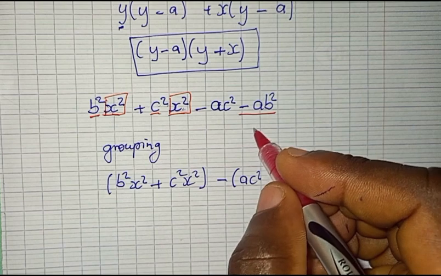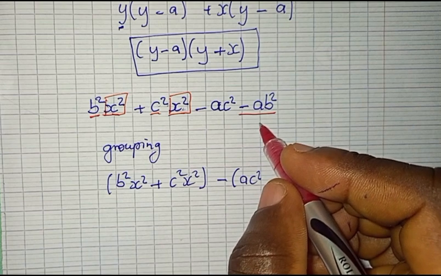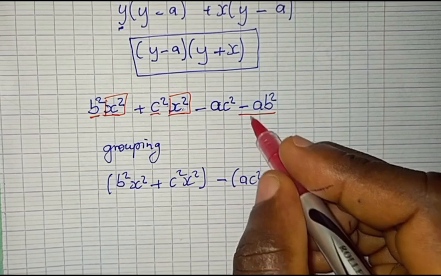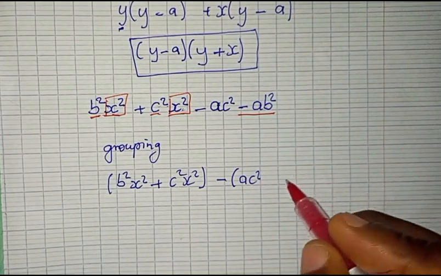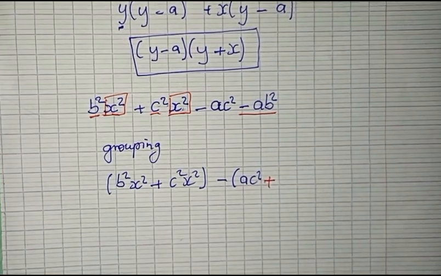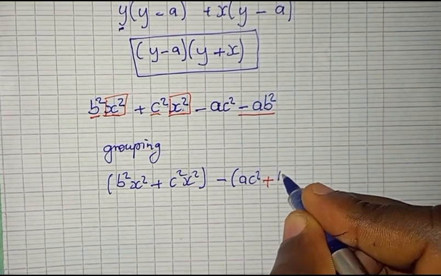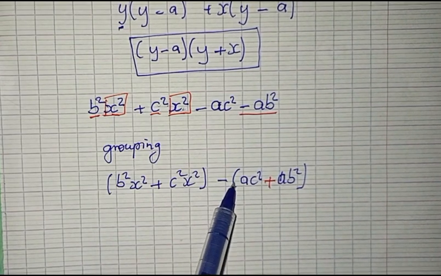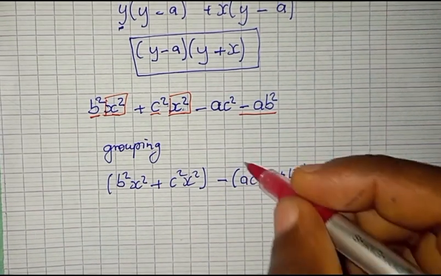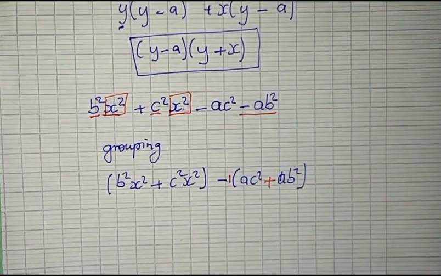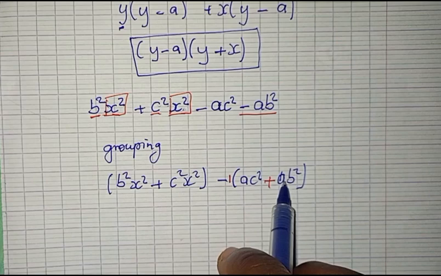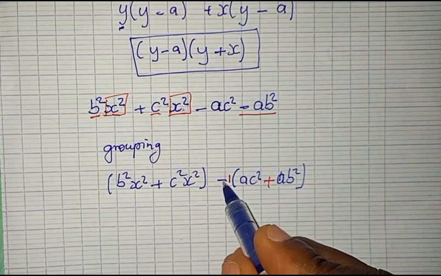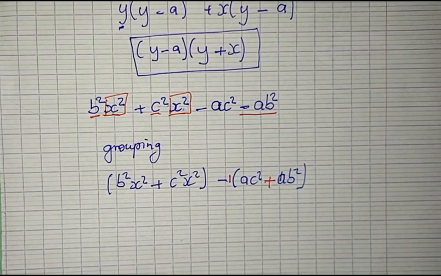During this stage of grouping, we are going to put a negative behind the bracket, so the sign of negative ab squared changes to positive ab squared. So that when we open the brackets, multiplying negative 1 by positive ab squared gives negative ab squared. So we put negative here and then positive here to balance the whole thing.